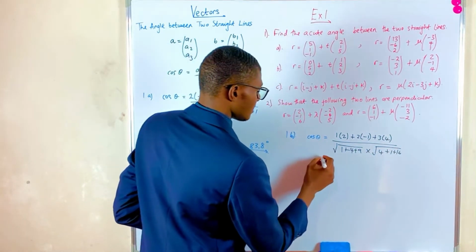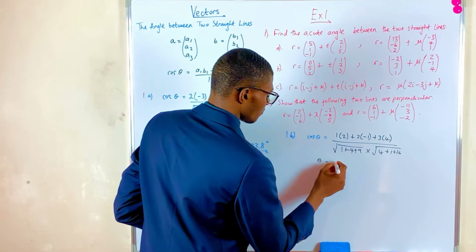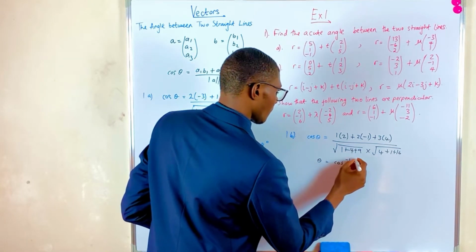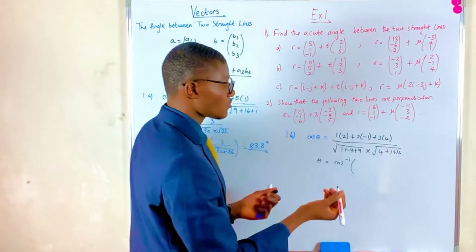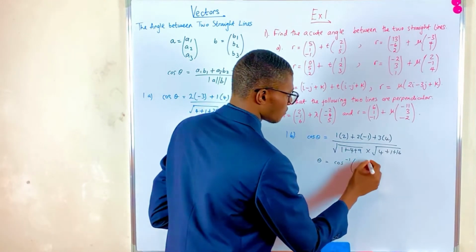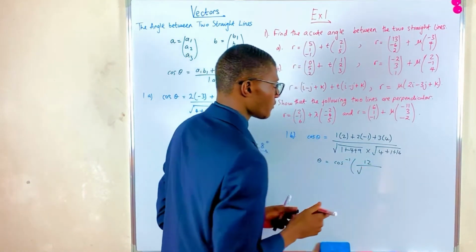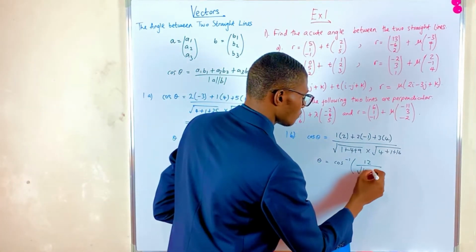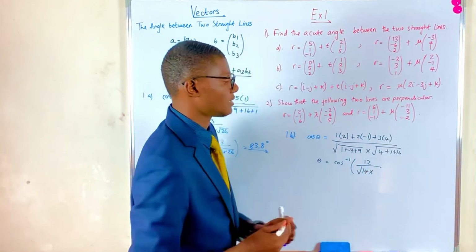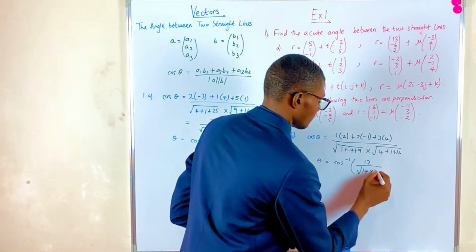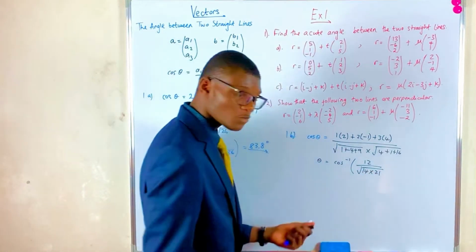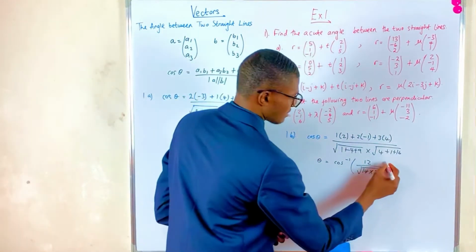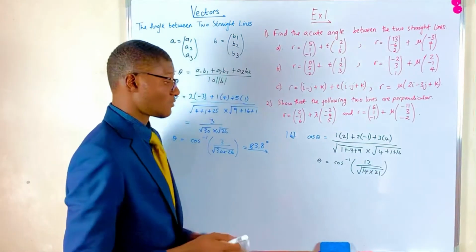Such that theta would be arc cos of 2 minus 2 is 0, 3 times 4 is 12, so 12 over the square root of, this is 14, so root of 14 times root of 21, which is root of 14 times 21.